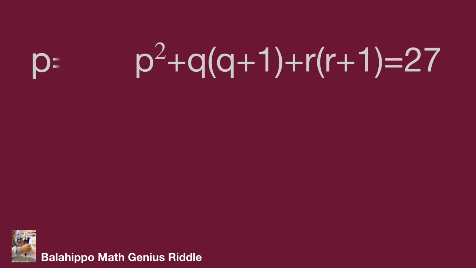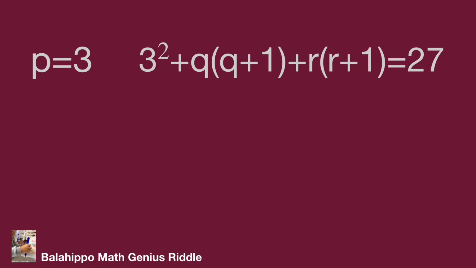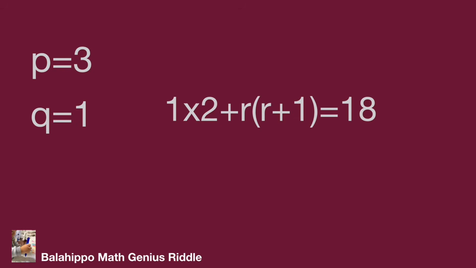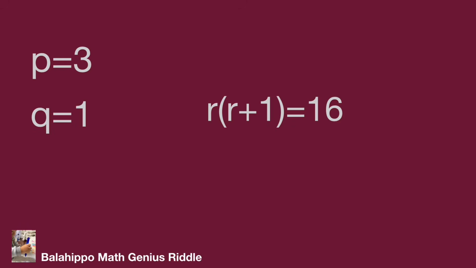While p equals 3, we got 3 squared plus q times quantity q plus 1 plus r times quantity r plus 1 equals 27. Simplify as q times quantity q plus 1 plus r times quantity r plus 1 equals 18. Then q equals 1, 1 times 2 plus r times quantity r plus 1 equals 18. R times quantity r plus 1 equals 16.